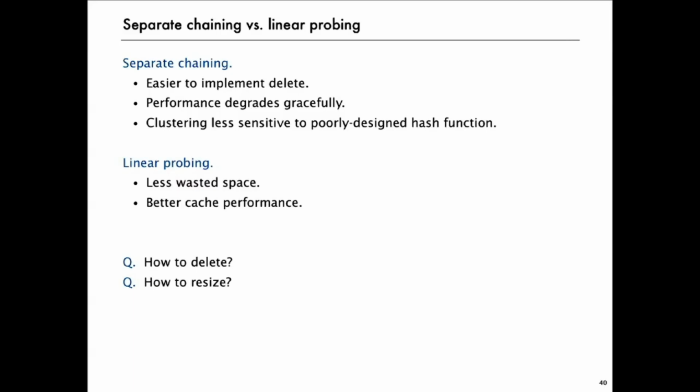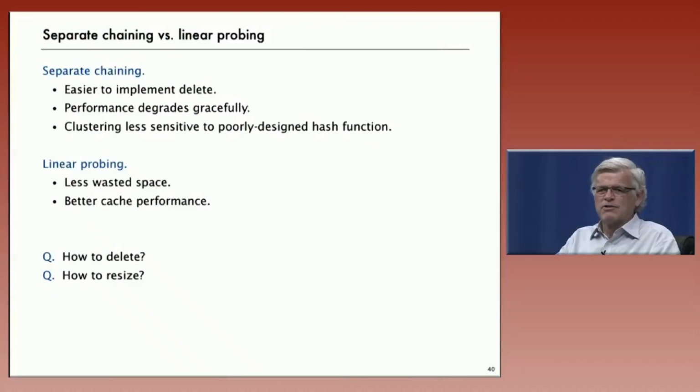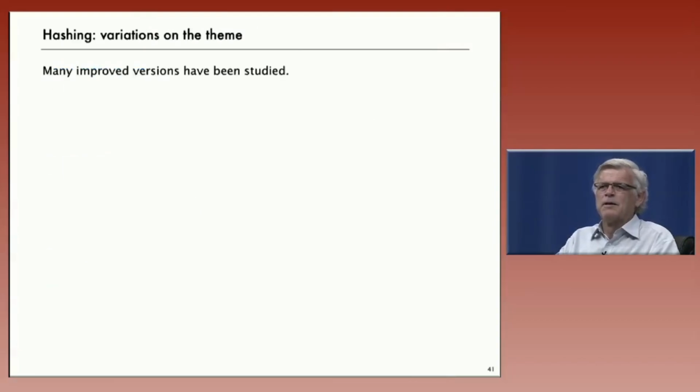Linear probing tends to make better use of space, and also it'll perform better for huge tables where caching is involved. And the classic algorithm or computer science problems for people to think about is what do we do to delete in these two situations, and exactly how do we resize? And those are all at the level of exercises in the context of the kinds of algorithms that we've seen.